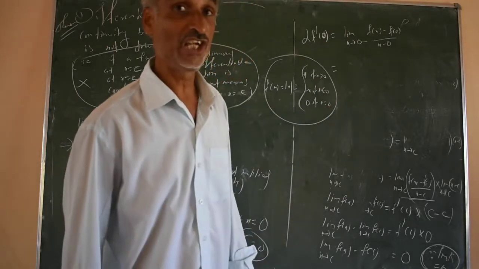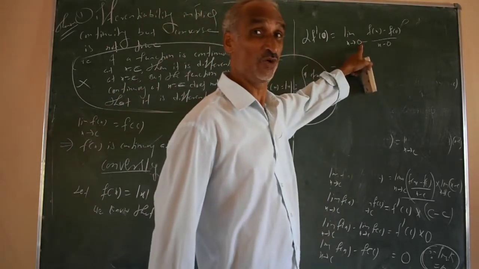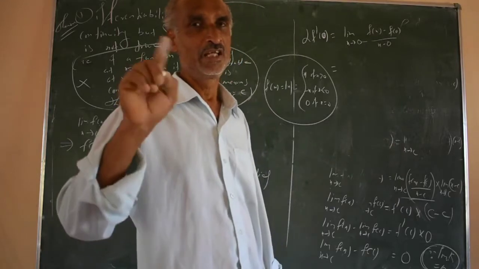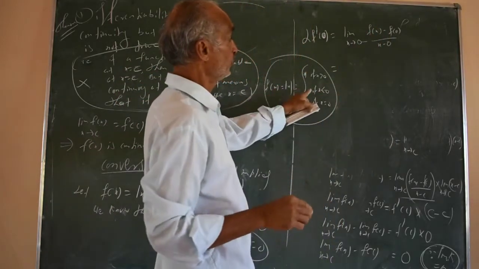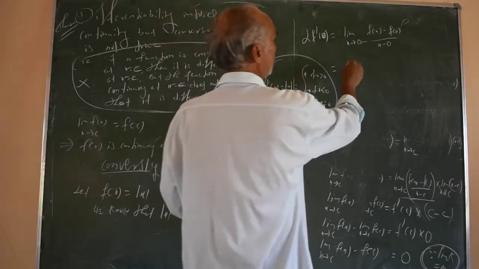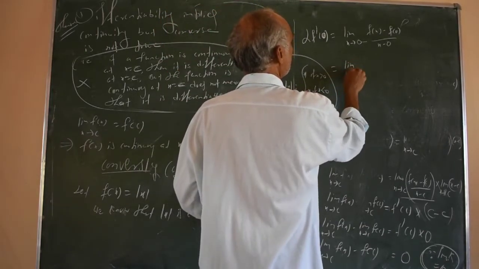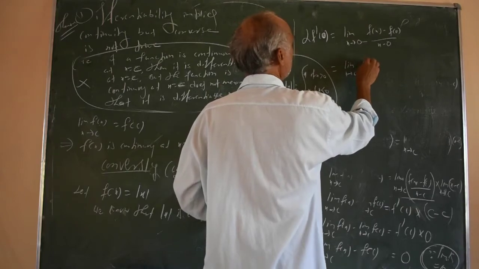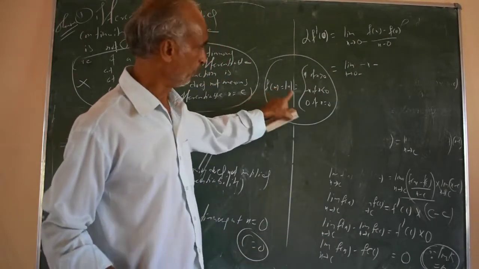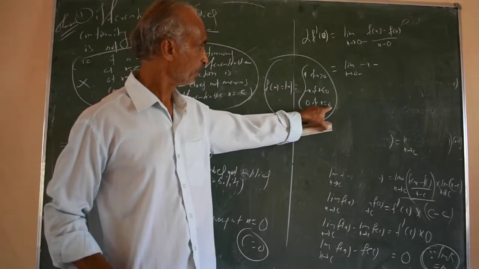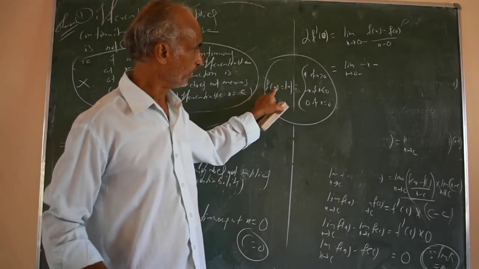Now x tends to 0 minus means x is less than 0. A minus means less than a, a plus means greater than a. Therefore f of x should be taken as minus x. What is f of 0? F of 0 is 0.